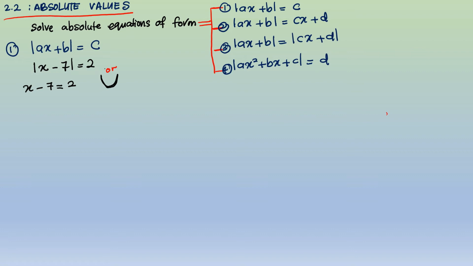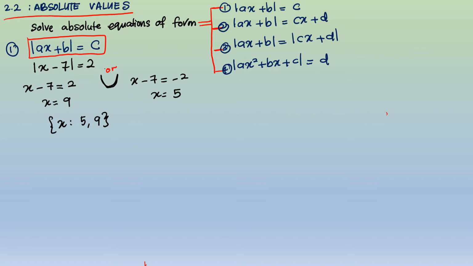Next we will have x minus 7 equal to negative 2. So our solution here is 9, however here it will be 5. Thus our answer will be in this form. In solution set, we write 5 and 9.